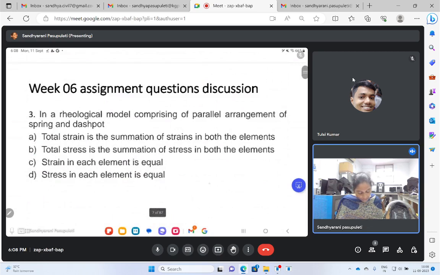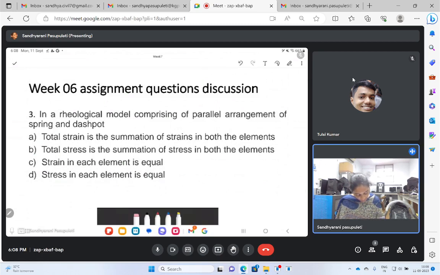In a rheological model comprising of parallel arrangement of spring and dashpot, they have given the following options. It is mentioned that the spring and the dashpot both are in parallel. So what will happen when two elements are in parallel? Let us say I have applied the stress sigma. When I apply the stress sigma, the amount of strain developed in each element will be the same.